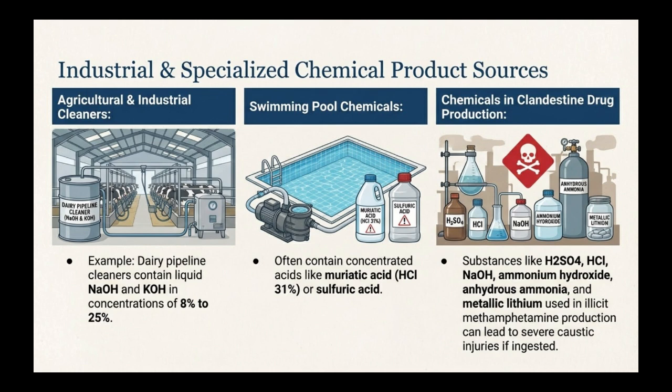Specialized caustics include phenol, formaldehyde, iodine, concentrated hydrogen peroxide greater than 30%, zinc chloride, mercuric chloride, and button batteries. Both phenol and formaldehyde are general protoplasmic poisons. They cause protein denaturation and coagulation necrosis, leading to severe gastrointestinal injury and systemic symptoms.